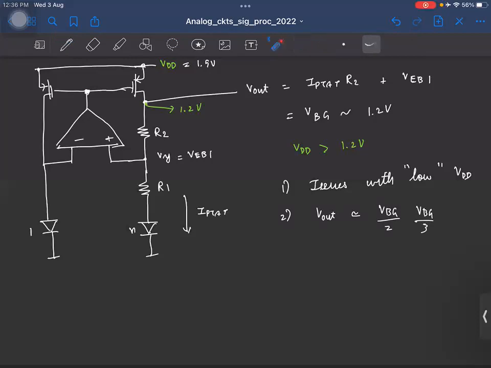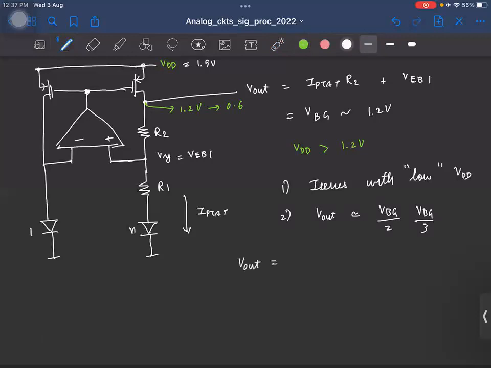And it turns out if you generate this, things become easy because let us say if I make a circuit that generates VBG by 2, what will be this voltage? 0.6, right? Now we can see you can easily accommodate a supply of 1 volt. So that's why this kind of circuits which can generate fractions of the bandgap voltage is useful at lower supplies. So let's quickly see how we might do that also.